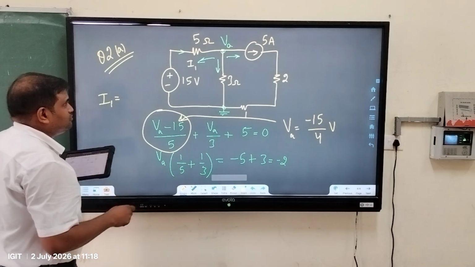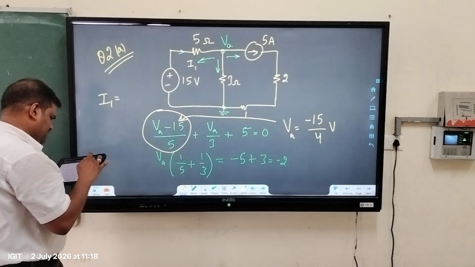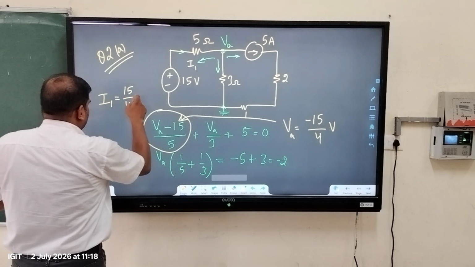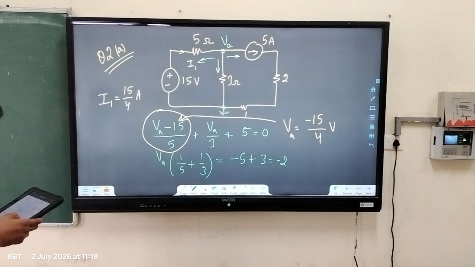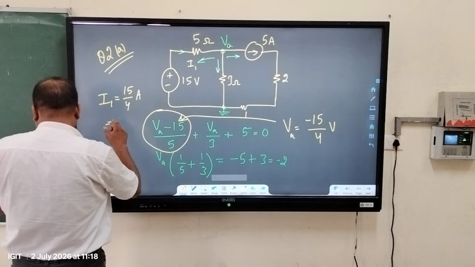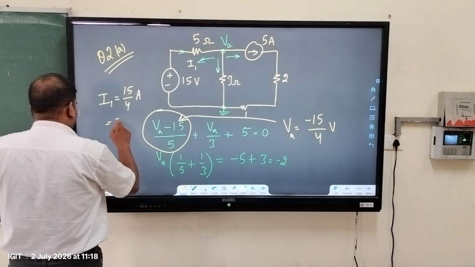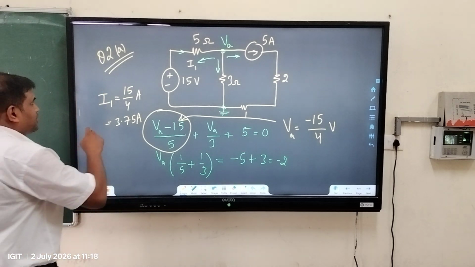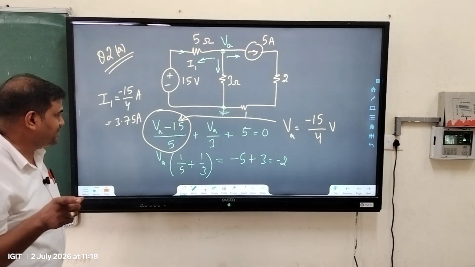This current comes around minus 15 by 4 minus 15 divided by 5, so I1 is minus 15 by 4.